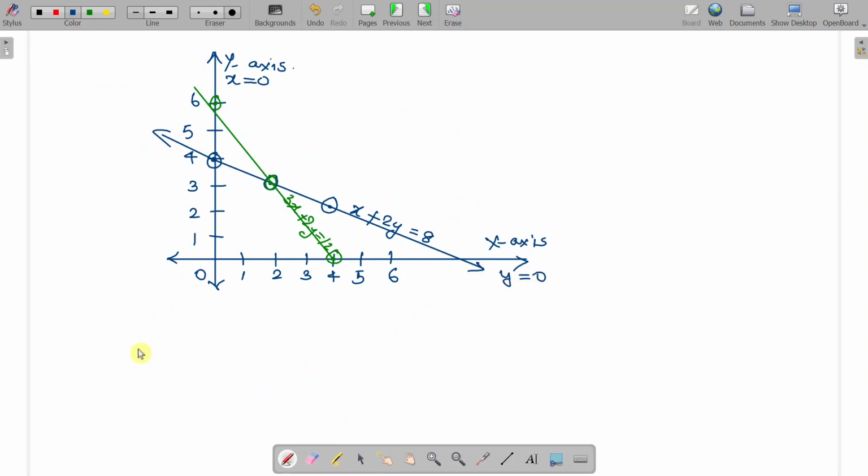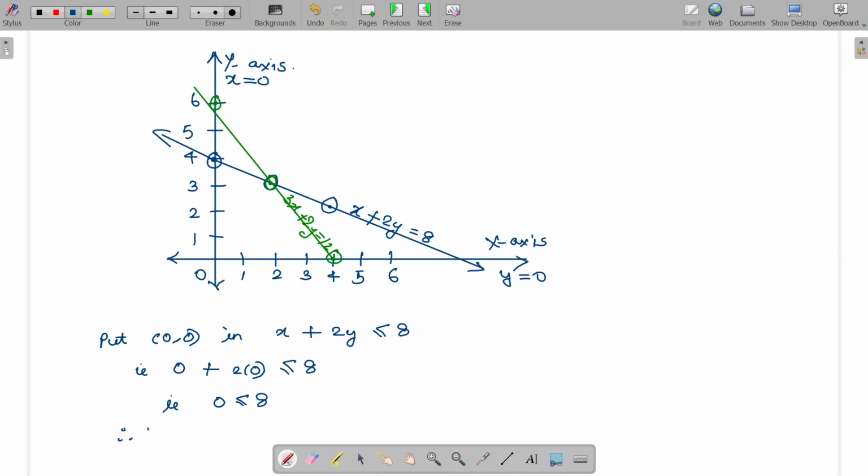Now we have to find the feasible region, and therefore we have to find the solution region of each inequality. So first of all, put 0, 0 in the first inequality, that is x plus 2y less than or equal to 8. So that is 0 plus 2 times 0 less than or equal to 8, right? So that is nothing but 0 is less than or equal to 8.